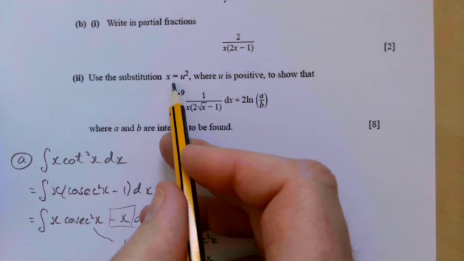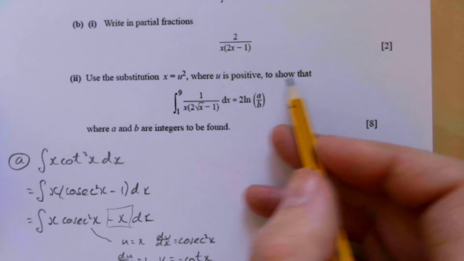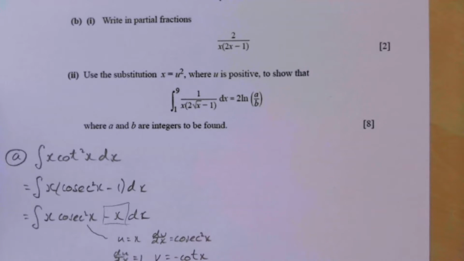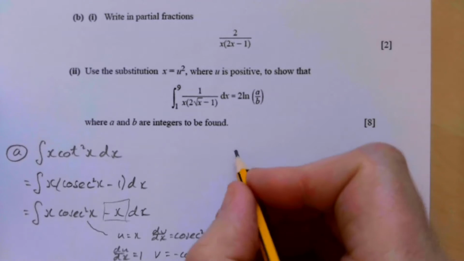Use the substitution x equals u squared where u is positive to show that this equals this, where a and b are integers to be found. So I'm going to try and do it down this side of the page.